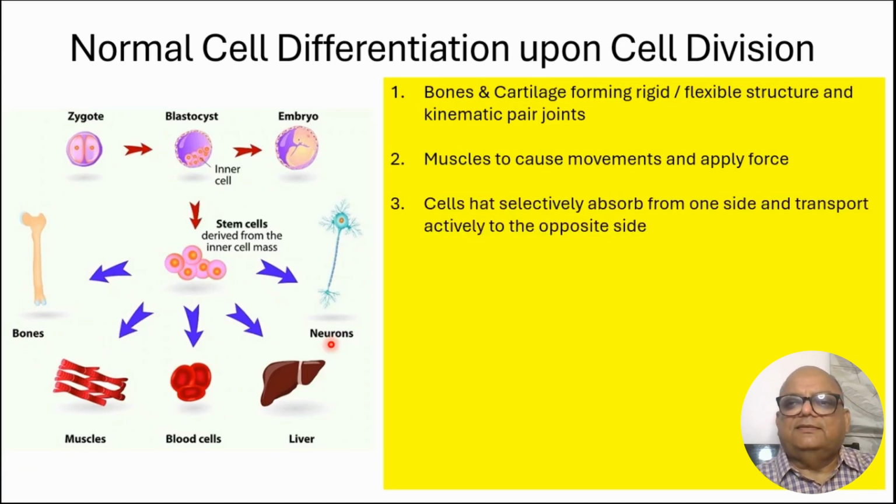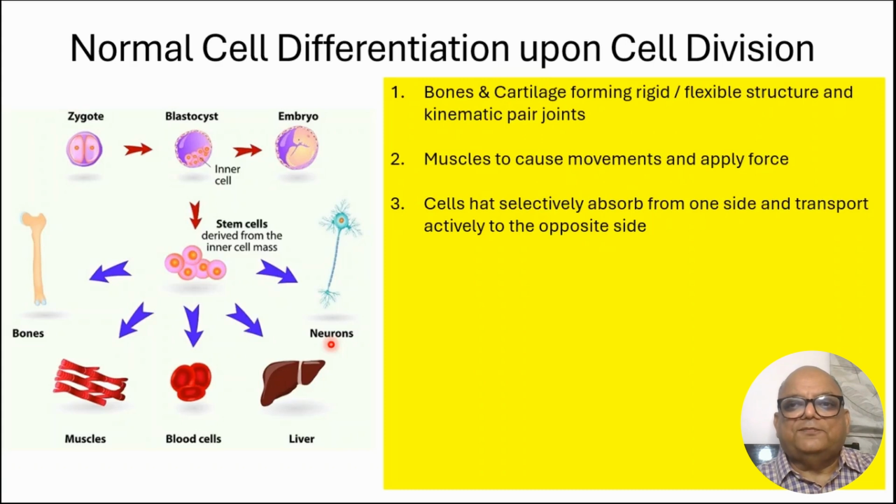Then there are cells that selectively absorb from one side and transport actively to the opposite side. Consider the intestinal lining cell, for example. They absorb the digested food selectively and transport it to the blood vessels on the opposite side. So obviously their cell specialization is modified into a transportation and selection agent, picking intelligently and transporting to the cell across.